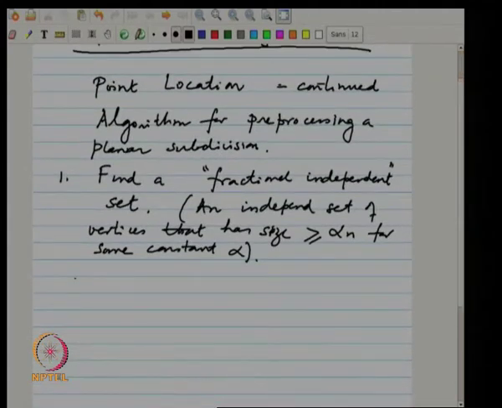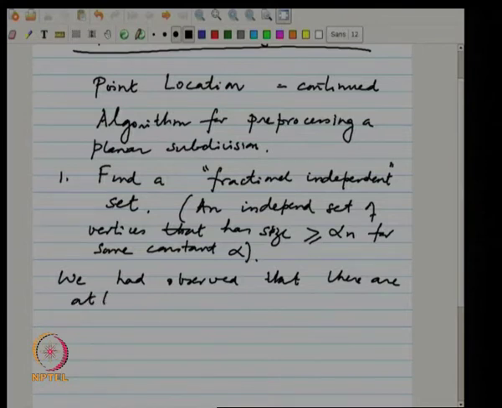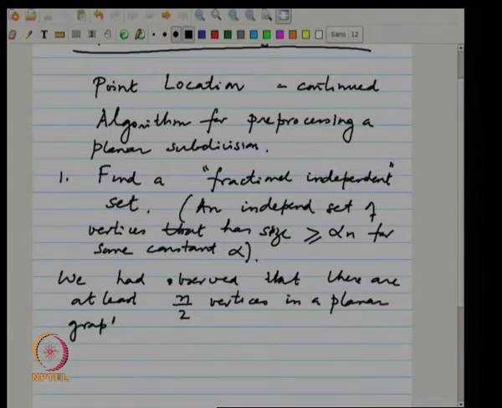We had observed that there are at least n over 2 vertices in a planar graph that have degrees less than or equal to 12.